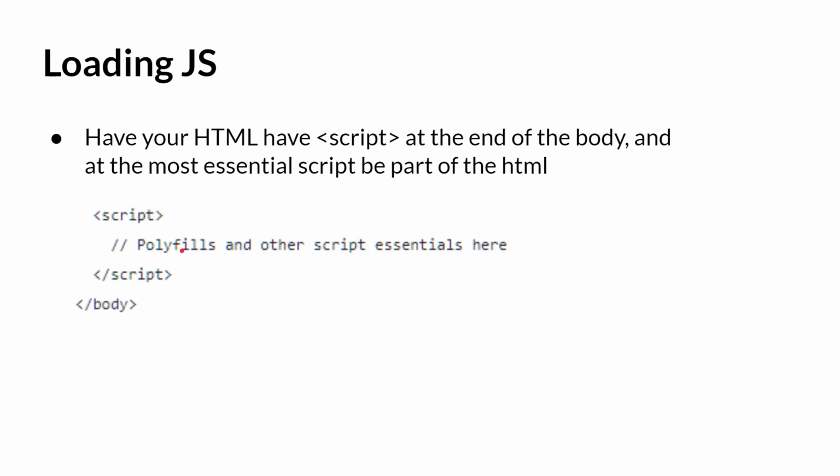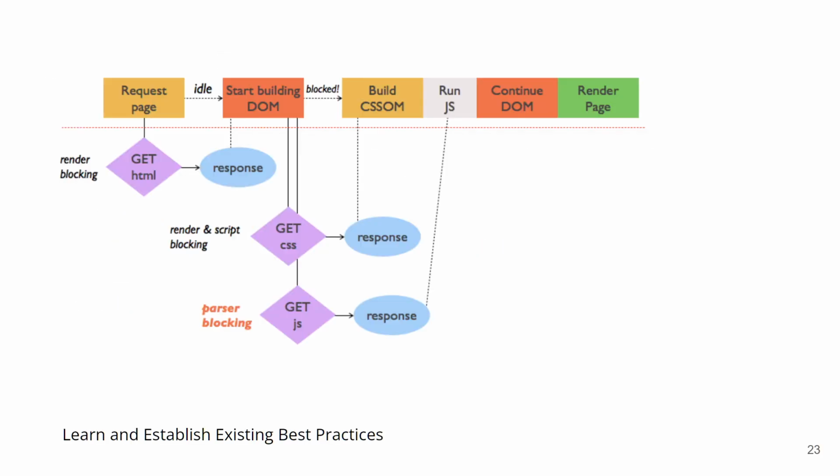But if it cannot be done, you can have a script here with an async or deferred attribute that will load the script after your HTML has been rendered. So again, we don't want to block the rendering of our content.